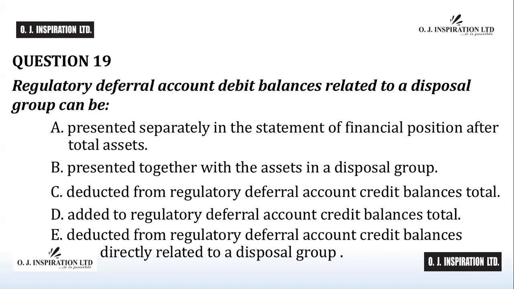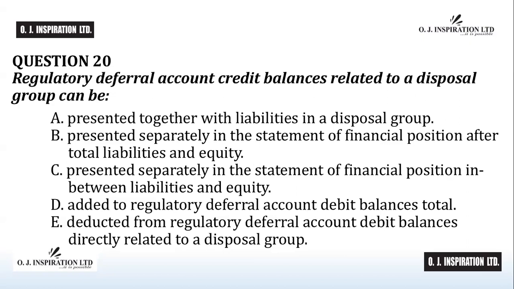Alternatively, they can be presented together with a single line item of total regulatory deferred account debit balances. In this case, disclosure is made to specify or clarify the portion of the total regulatory deferred account debit balances that is related to the disposal group. A is the answer to question number 19.